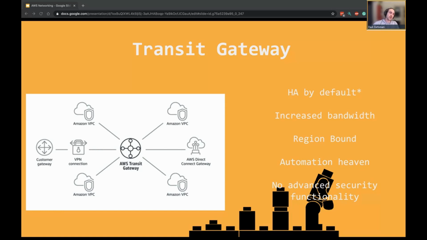So we create a route table per attachment, which you can totally do. Each VPC coming into the transit has its own route table, and that's how you determine what it can route to.